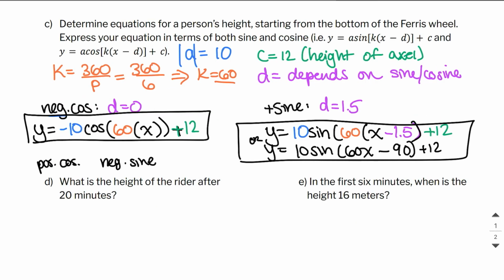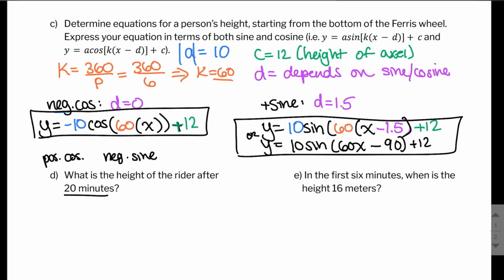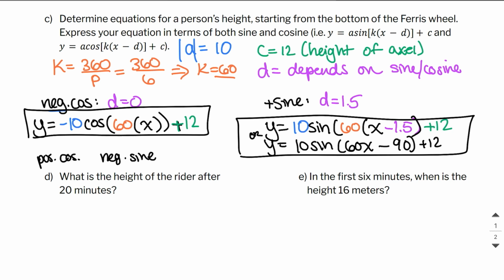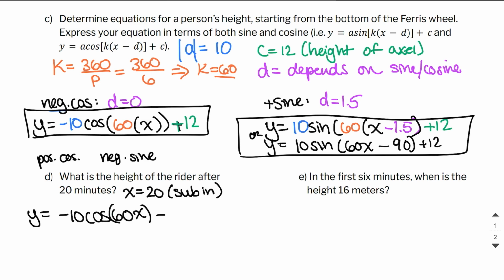Okay, question D says, what's the height of the rider after 20 minutes? Well, if we're talking about minutes, this is our time, and x is time. So this pretty much means that I have to sub in x equals 20 into any equation we want. So I'm going to use the negative cosine equation because there is no D value. It's nice and easy.